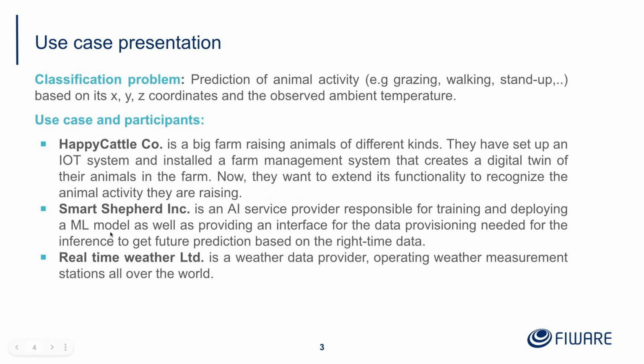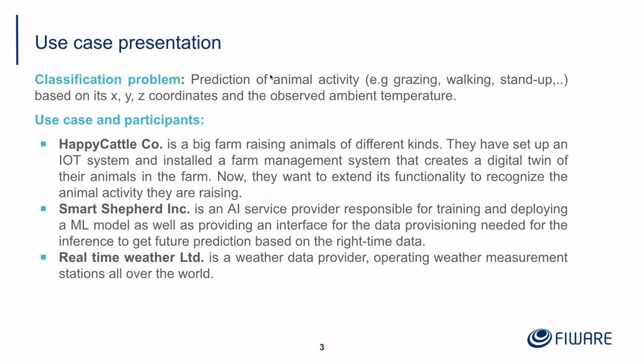For that, they will rely on Smart Shepherd, the AI service provider, which is going to be responsible for training and deploying the machine learning model, as well as providing an interface for the data provisioning needed for the inference to get future predictions based on real-time data.